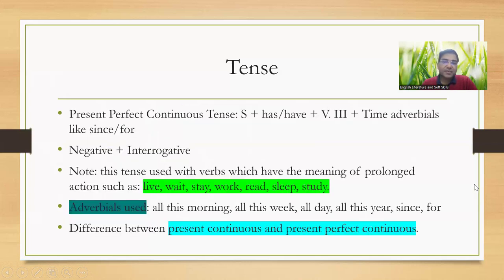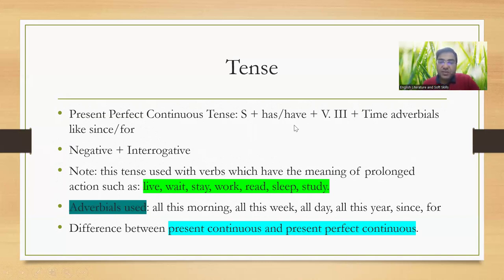The next and last tense of present is present perfect continuous, used when you are showing continuity with time. See, there is a difference between present continuous and present perfect continuous. Present continuous shows continuity without time. If we are using continuity with time, you have to use present perfect continuous.